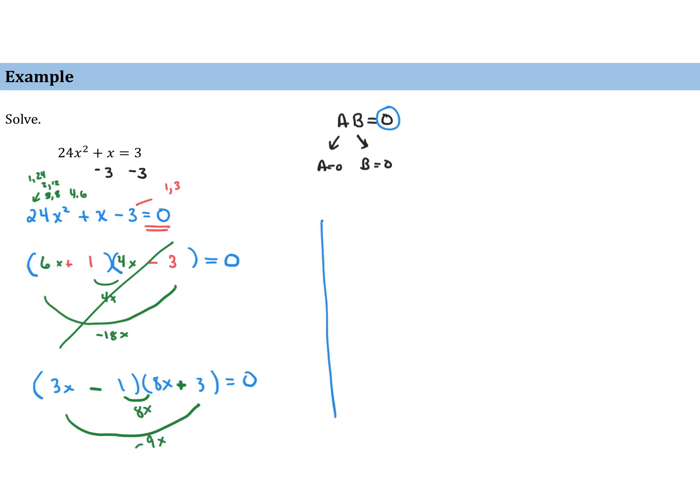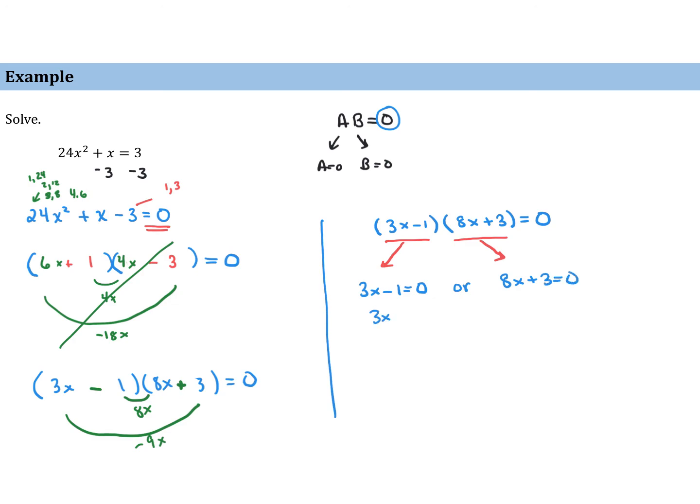Okay, so just to reiterate, this yields 3x minus 1, 8x plus 3 equals 0. We have a product of two things equals 0. That means that one of them at least is 0. So this means 3x minus 1 equals 0, or 8x plus 3 equals 0.